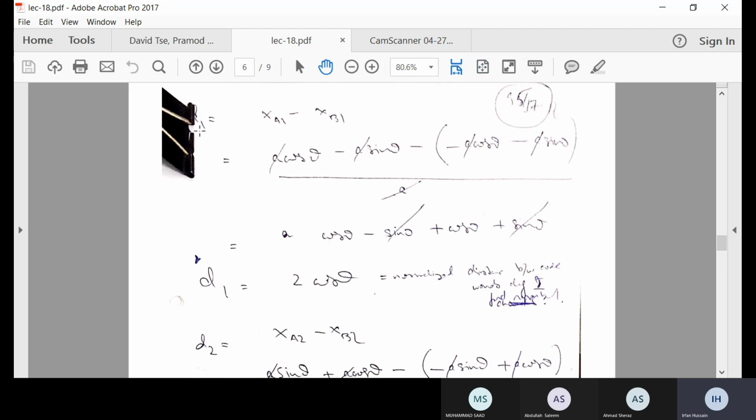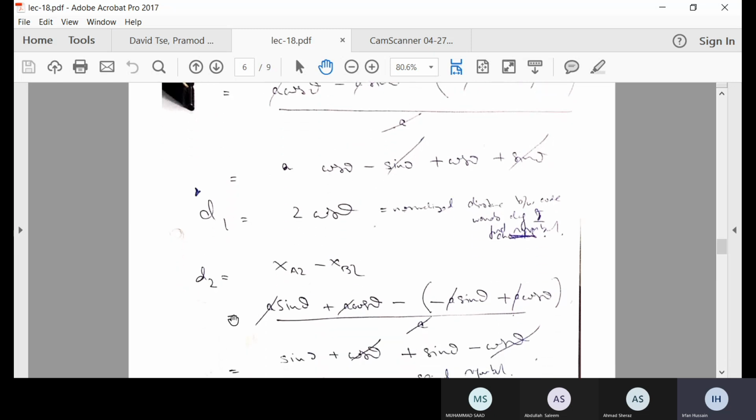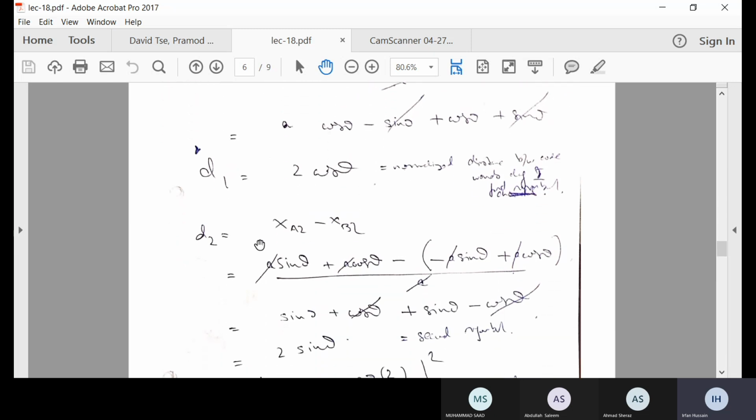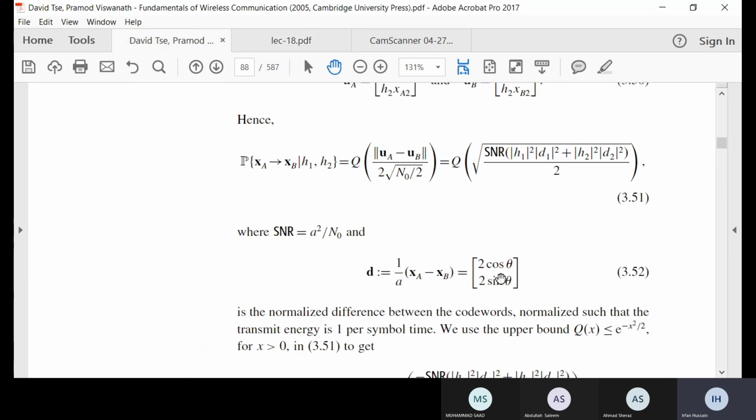So ये थोड़ा सा इधर आ गया मगर you can see XA minus XB. I take the first two, and you can see I get D cos theta. Similarly, I take the second one. Second of this thing, I will get 2 sine. Alright. That is why I will get 2 cos and 2 sine.